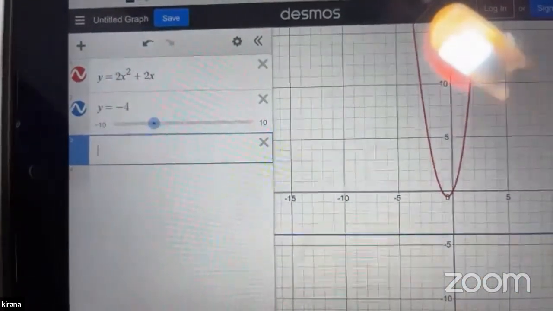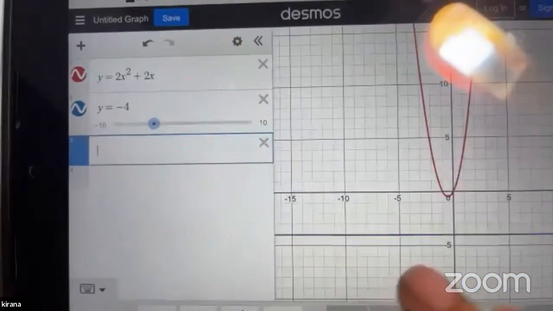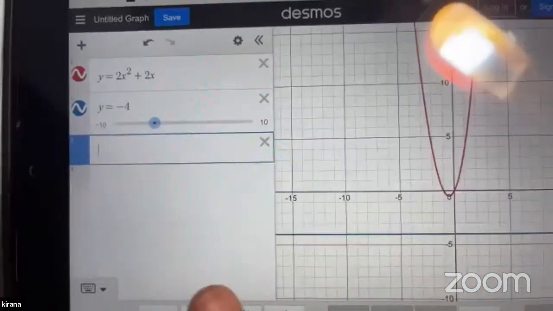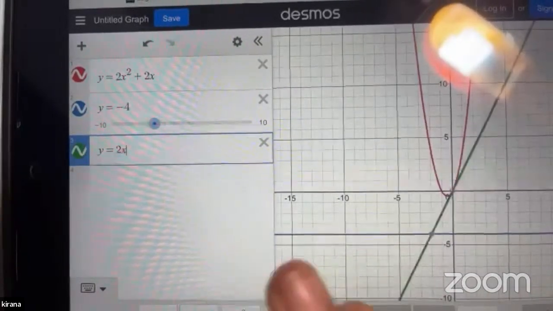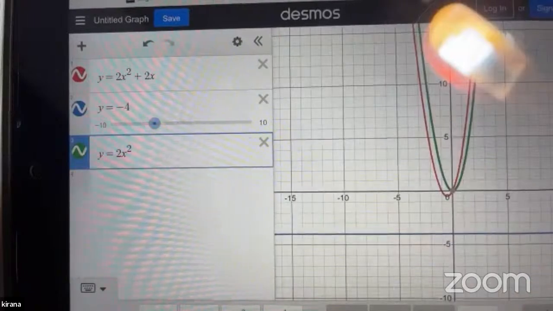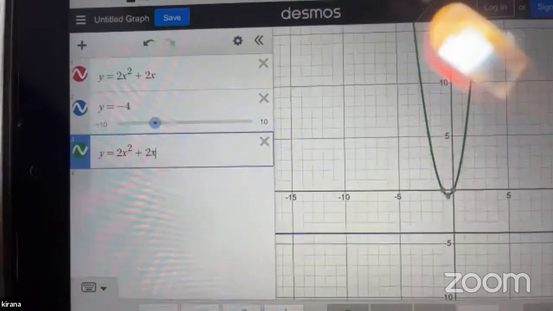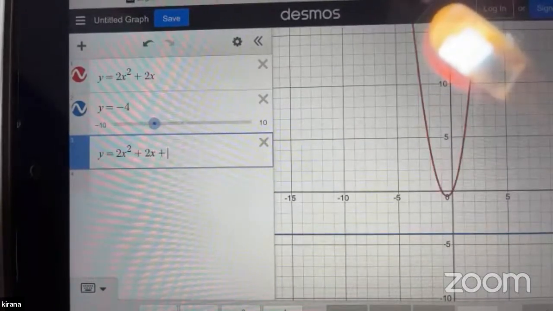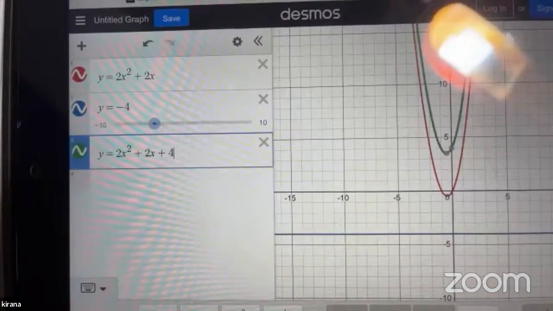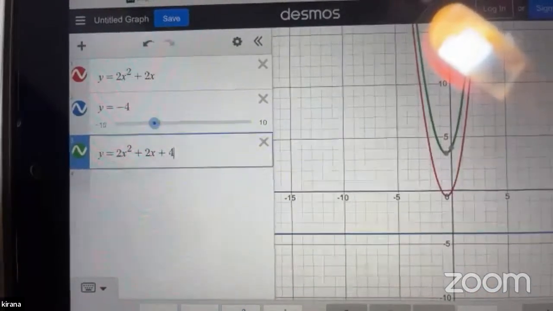You type that in number 3 because there will be a modification. Plus 2x, but one modification is plus 4. Now, why am I asking you to do this?